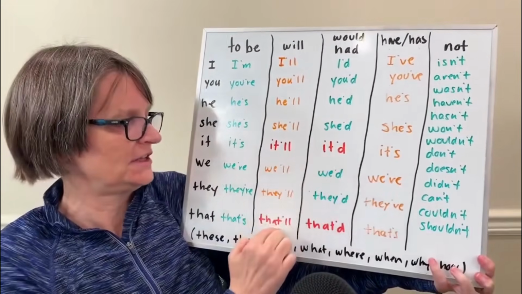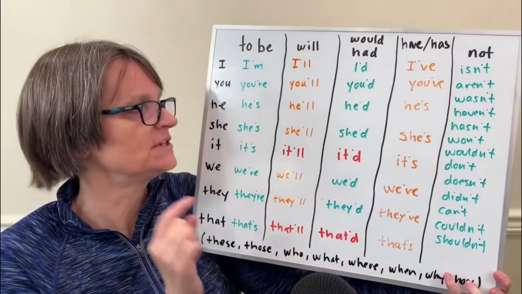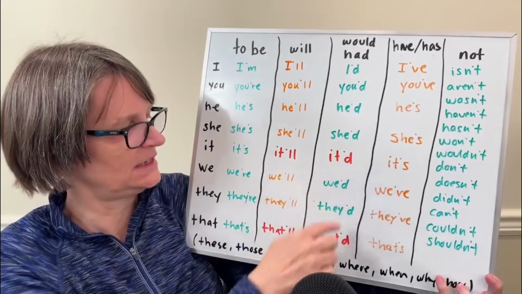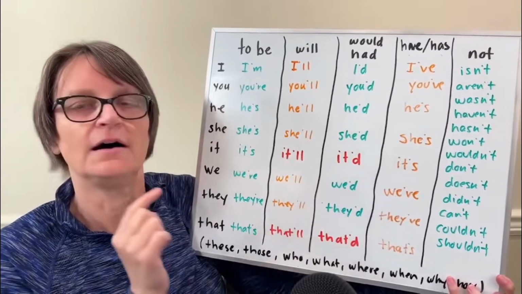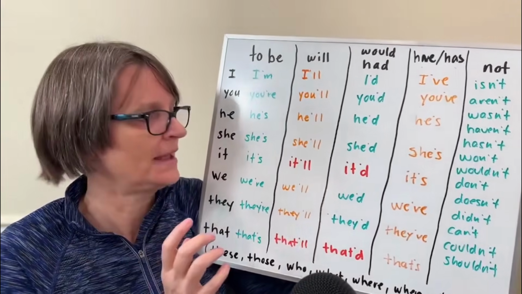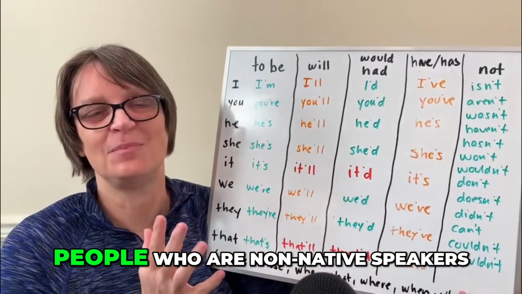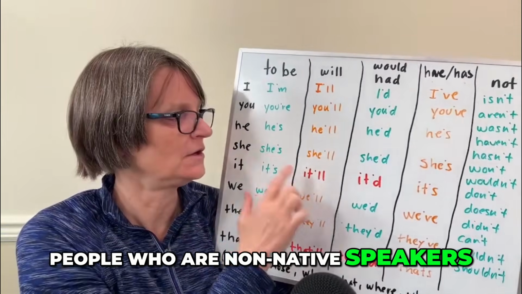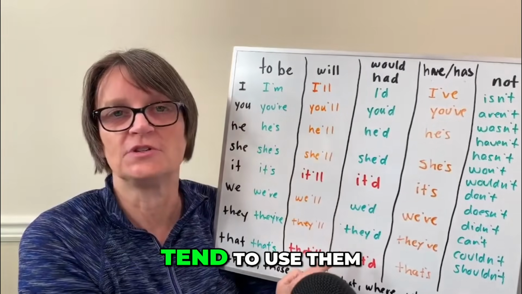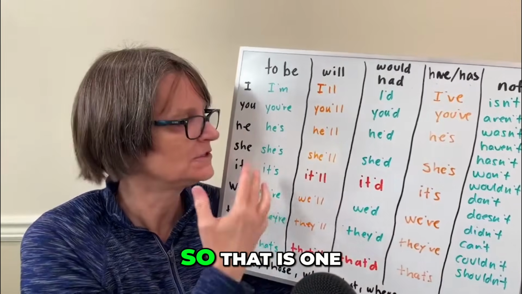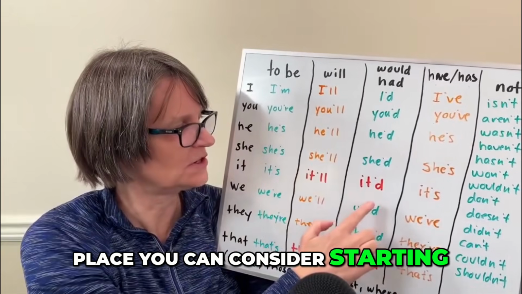These contractions that are in red are contractions that we typically don't write, especially itted and thatted, but we do say them. And these are, I would say, a good place to start, in that many people who are non-native speakers are not aware of these contractions and don't tend to use them. They tend to say it had or it would rather than itted. So that is one place you can consider starting.